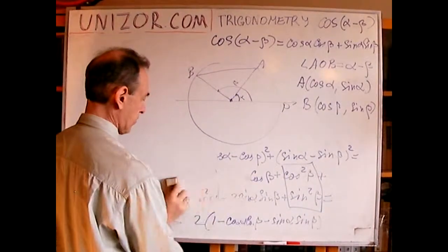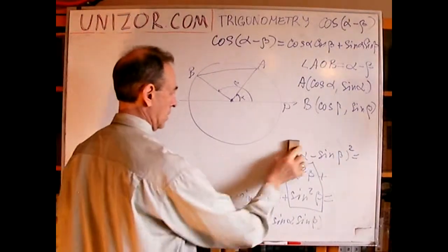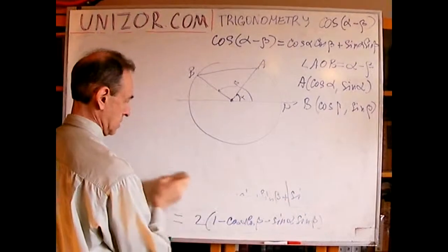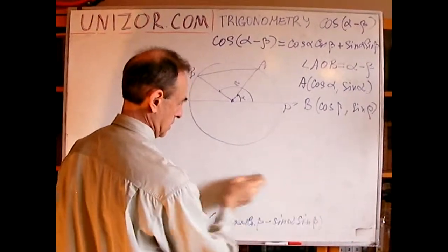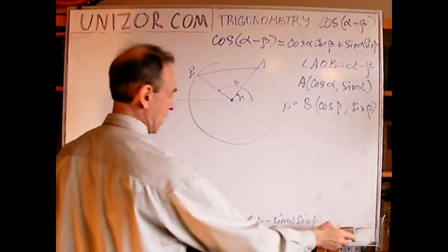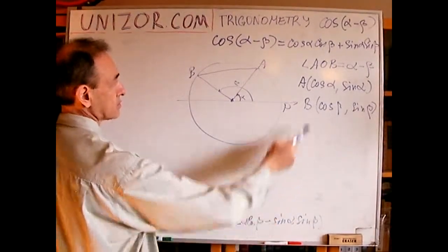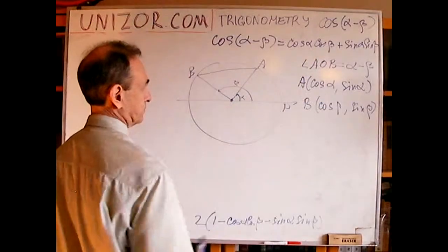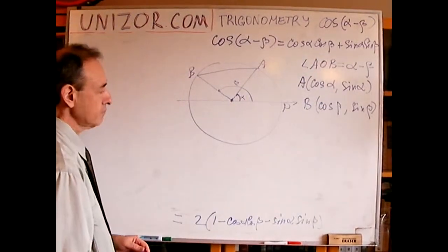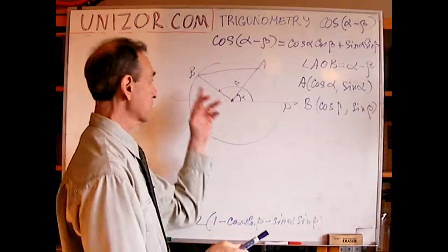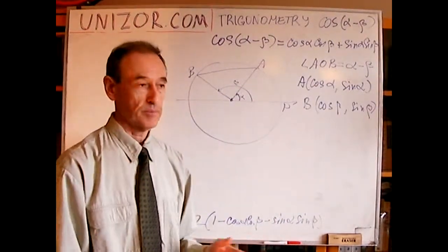Let's just remember this formula for the square of a distance between these two points. And by the way, if you notice, this piece looks very much like this one, right? Okay, now let's derive the same square of a distance between A and B differently.